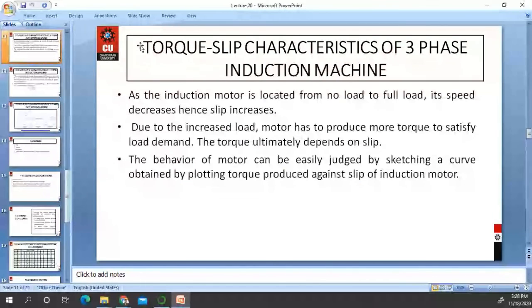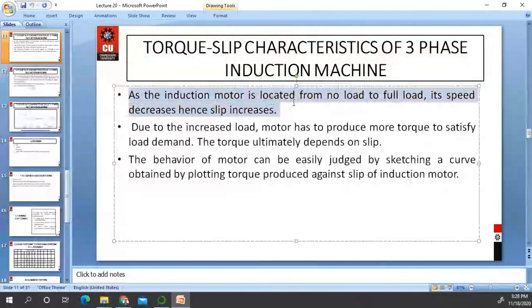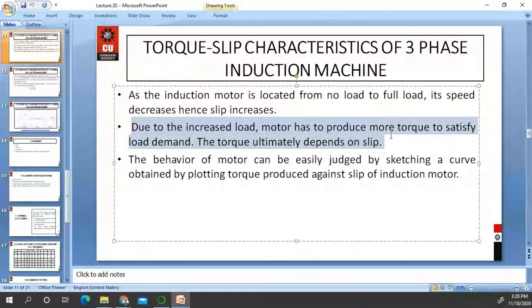So we will concentrate on the torque slip characteristics of the three-phase induction motor. As the induction motor is loaded from no load to full load, its speed decreases, hence slip increases. Initially there is no load, and when we apply some load to the induction motor, the slip will increase. Due to the increased load, the motor has to produce more torque to satisfy the load demand.